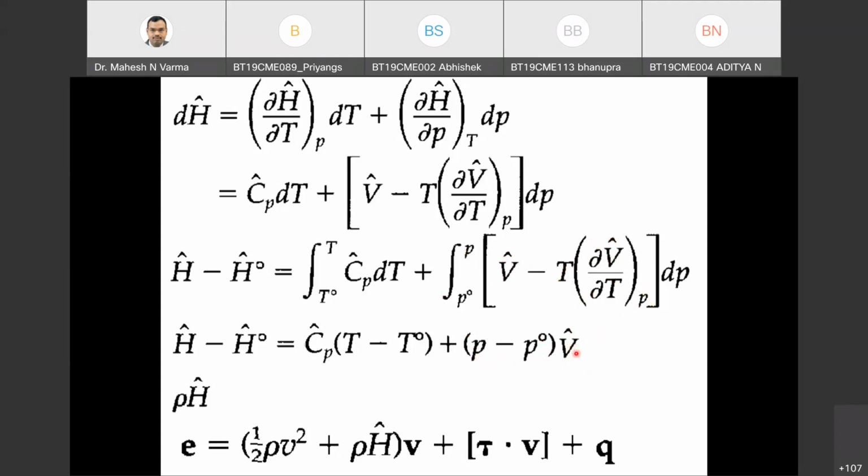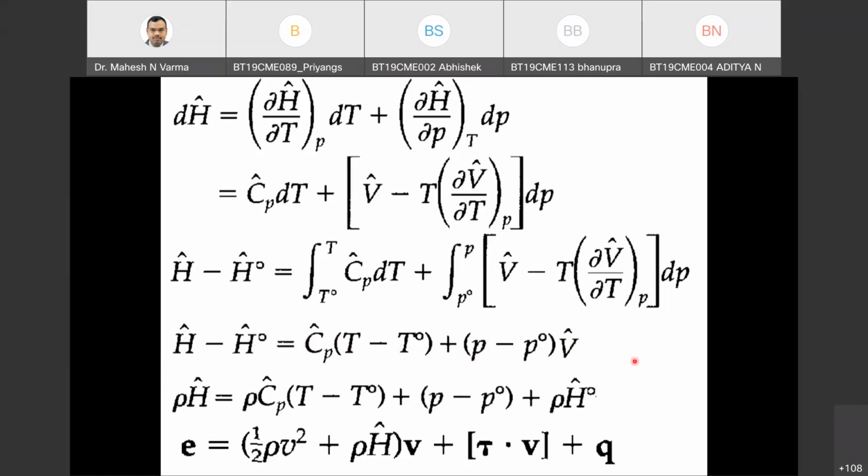Now rearranging this equation, what will I get? Multiplied by rho: this is H, the enthalpy at a given condition minus the enthalpy at a standard condition, equal to Cp (T minus T0) plus (P minus P0) V bar.